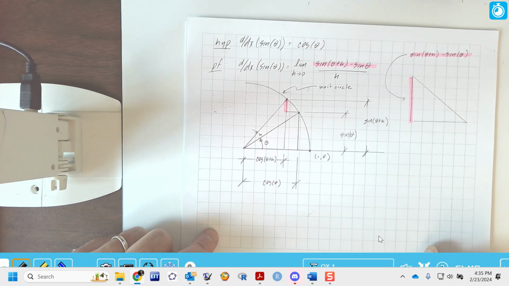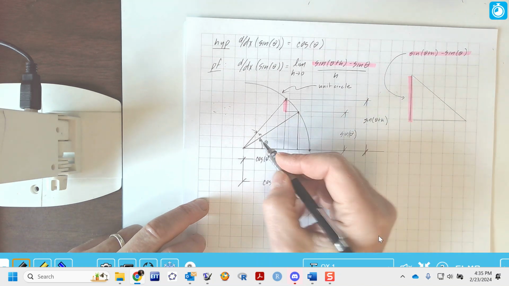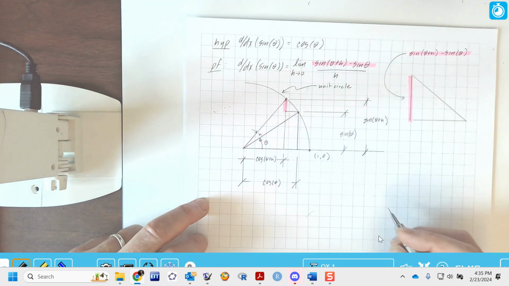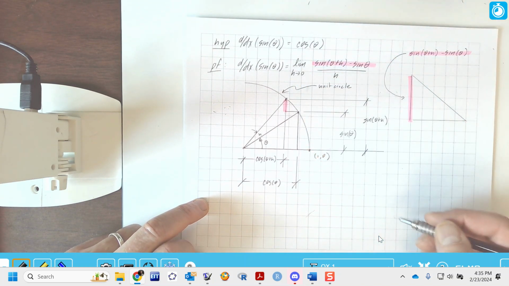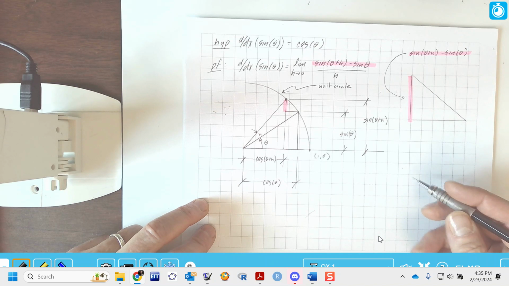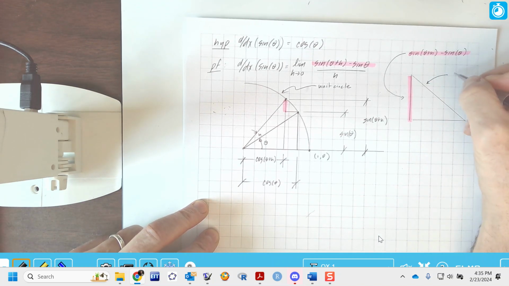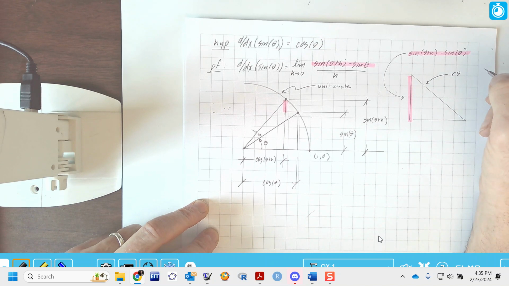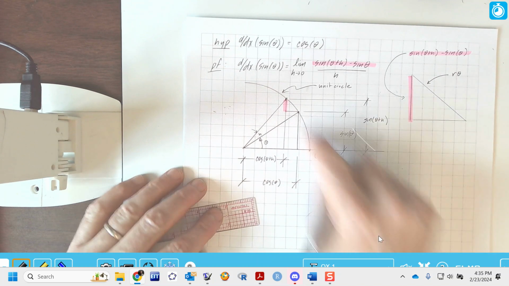One of the things that we decided earlier in the course is that if we know the angle here, in radians, that's equal to the length along a circle times the radius. So this length right here is equal to r times h, which is the angle associated with that side.